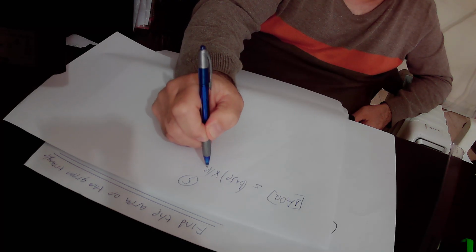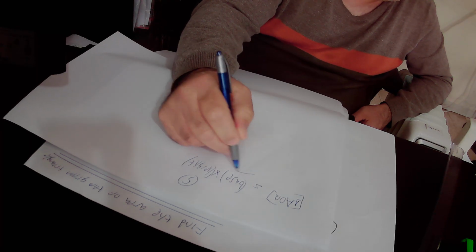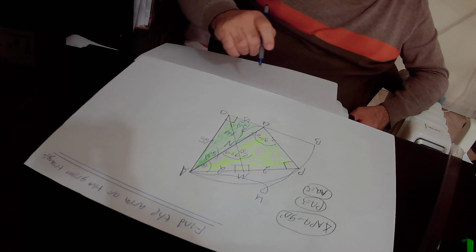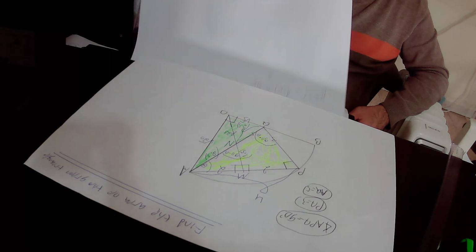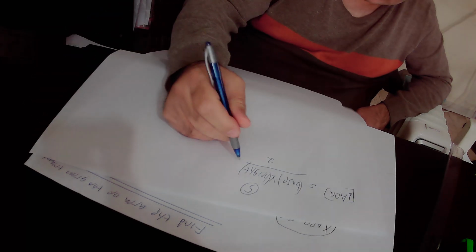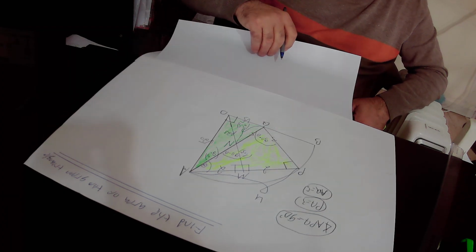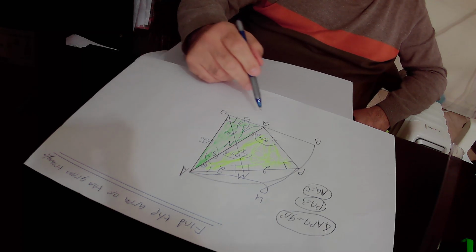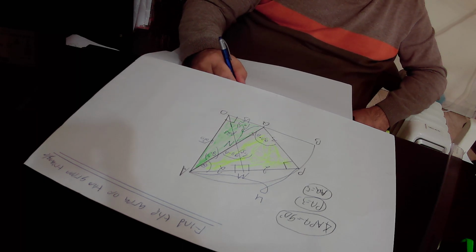The height to the base must create 90 degrees with the base, all over 2. So the base of the triangle AOQ is QO. The height is AO. Why is the height AO? Because it creates 90 degrees with the base QO. Here, this angle equals 90 degrees. So QO times AO over 2. I'll repeat again.